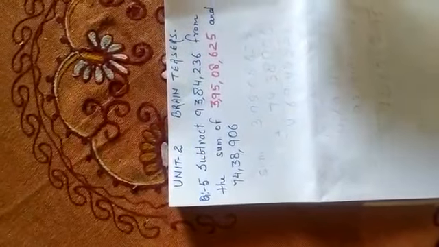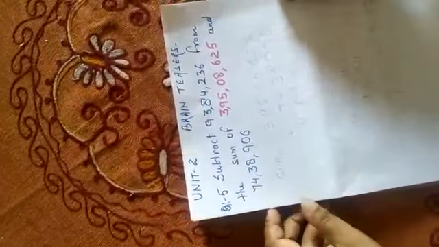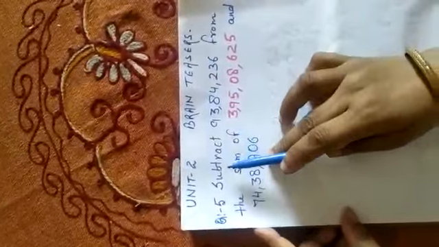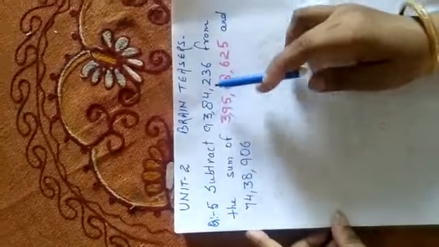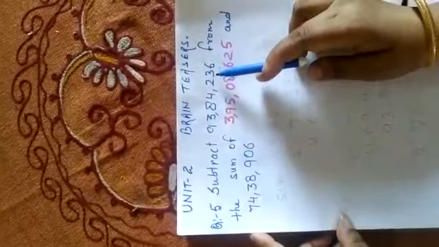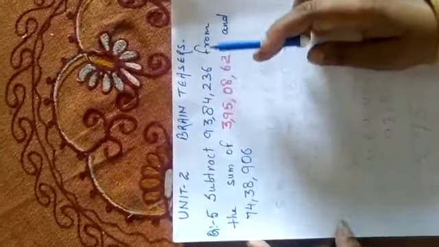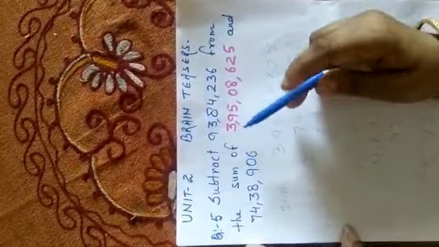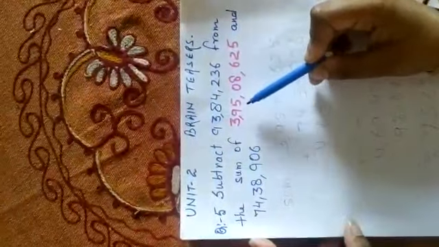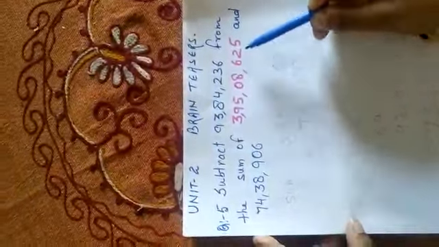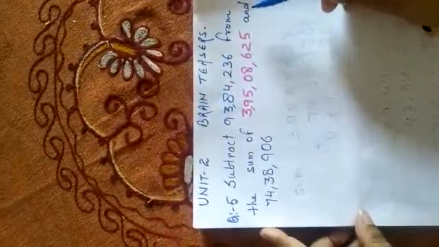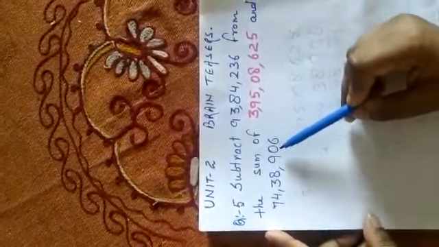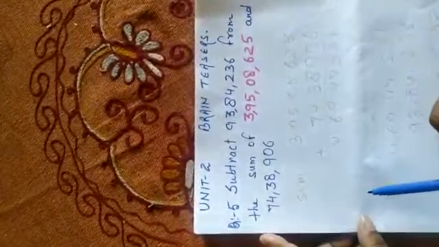I'm continuing this brain teaser of Unit 2 from question number 5. Now, I'm reading the question. Subtract 93,84,236 from the sum of 3 crore 95 lakh 8,625 and 74 lakh 38,906.